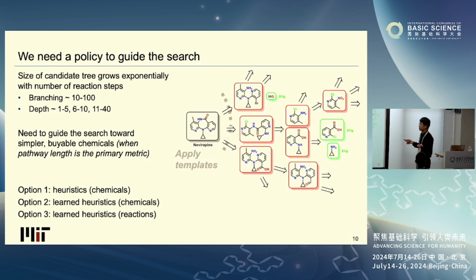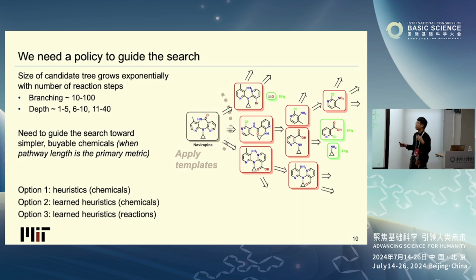For every molecule, we can probably find about 10 to 100 possible templates that can be applied. And if we are looking for synthetic pathways, which in chemistry can easily go up to tens of steps, the search space can be overly huge.